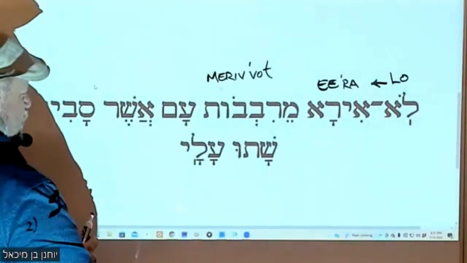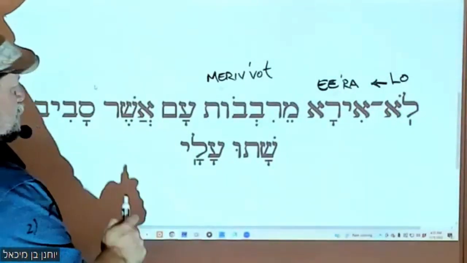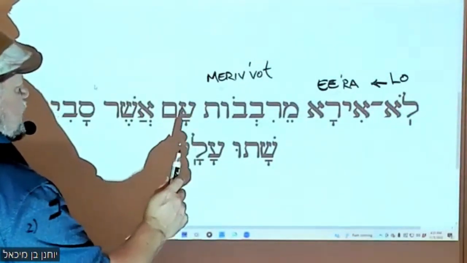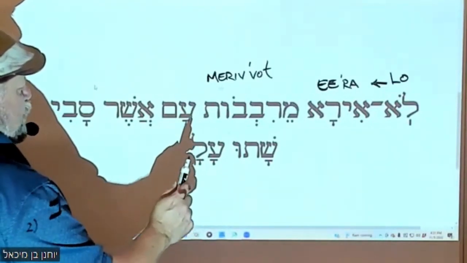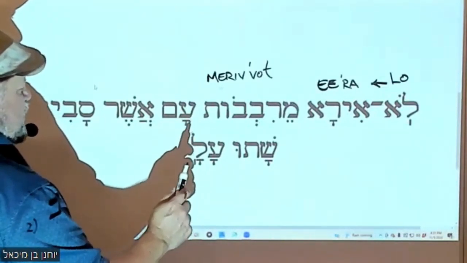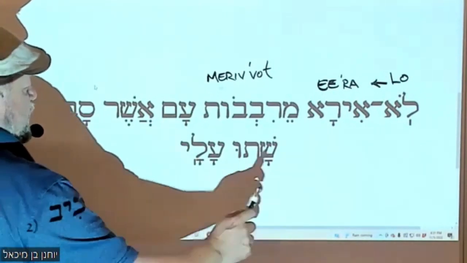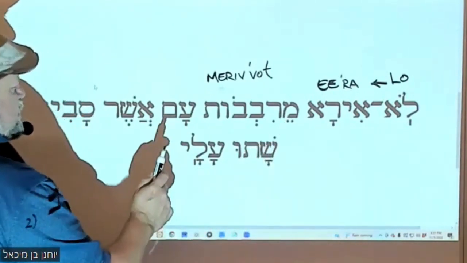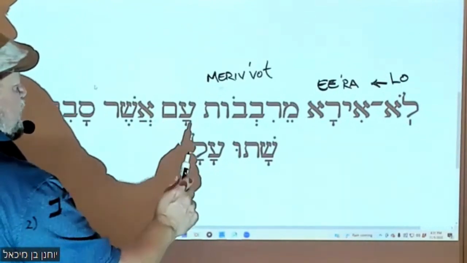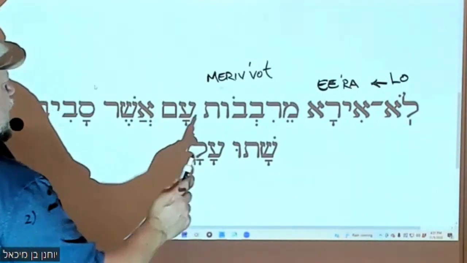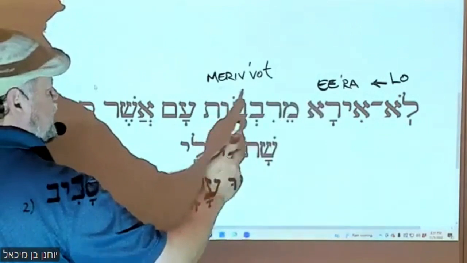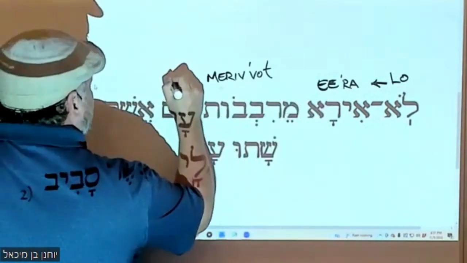This little short guy here. All right, we have ayin, silent letter, but it's pointed kamatz, long duration A, with mem sofit behind it. So this letter and this letter are the same. It's just that this one's at the end of a word. So we have am. So lo ira merivot am.